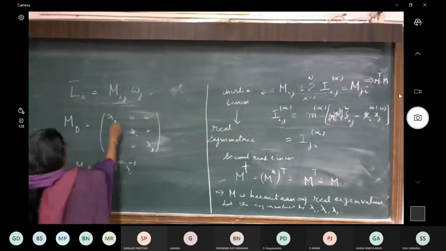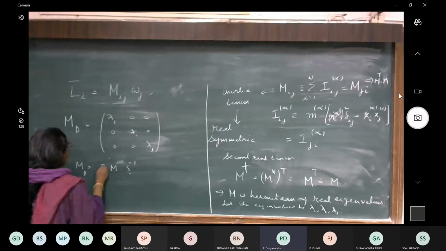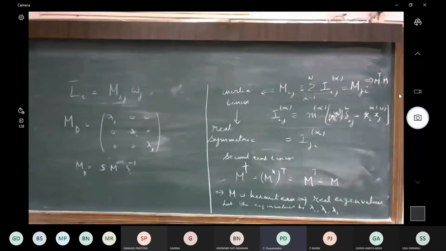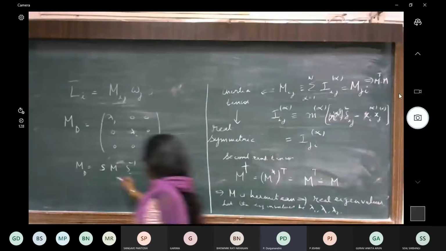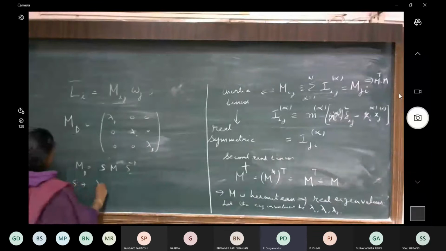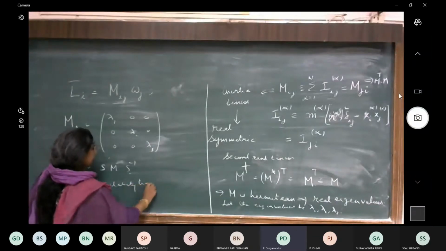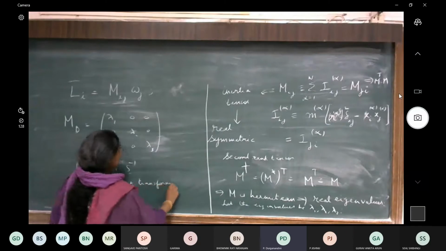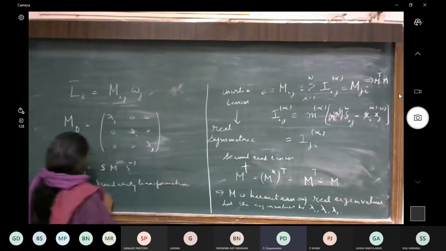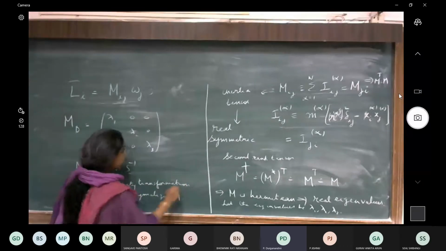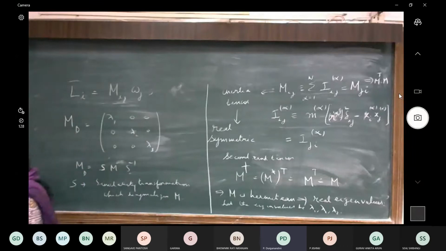Now you can check. Okay, people have done this in MNP. How will you find out such a similarity transformation? Suppose I want, explicitly, S to be some similarity transformation which diagonalizes M. How would you explicitly find this?